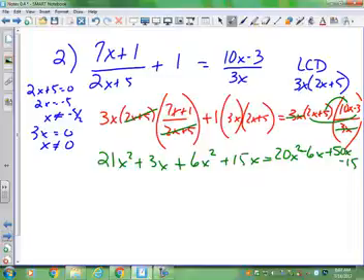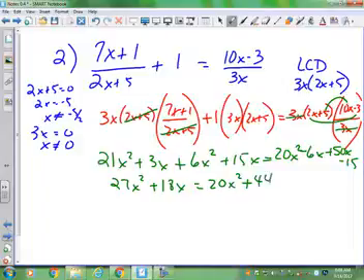So I've got stuff on both sides, and I'm not sure which way would be best to work with, so I might want to put my terms together first. So 27x squared plus 18x is going to be equal to 20x squared plus 44x minus 15.